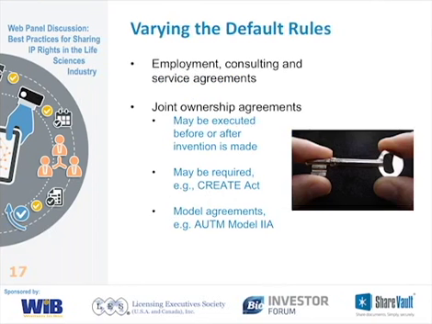Now these are the default rules under the law. And they can be varied, and in fact, they almost always are varied. We're familiar with employment agreements. So in the United States, intellectual property ownership starts with the individual. For copyrights, there's the work for hire concept, and so there's a statute that gives ownership to the employer for certain kinds of copyrights.